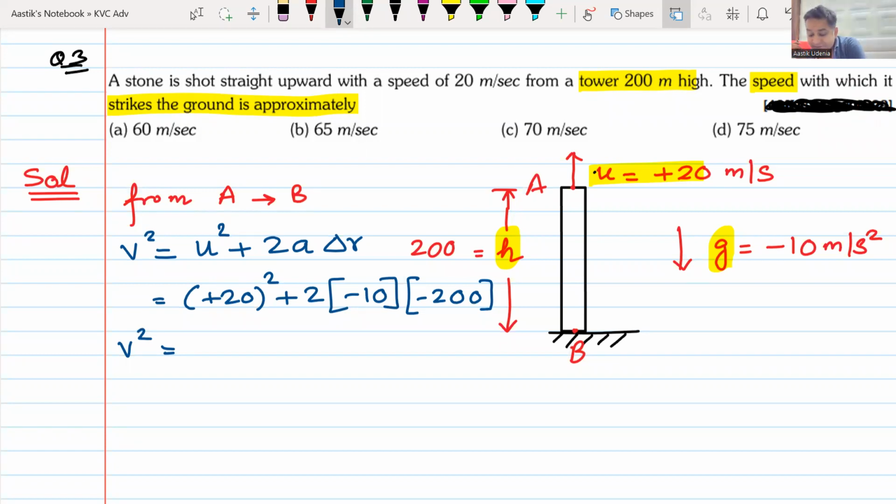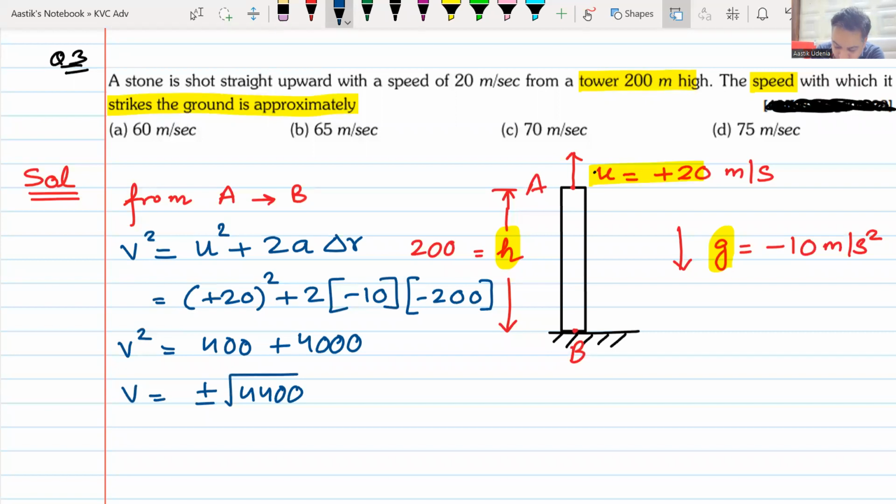How much is the answer coming? 400 plus 4,000, I think, right? Is that so? 400 plus 4,000. So v becomes plus or minus root over 4,400.